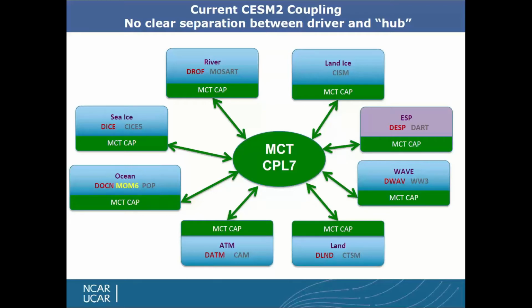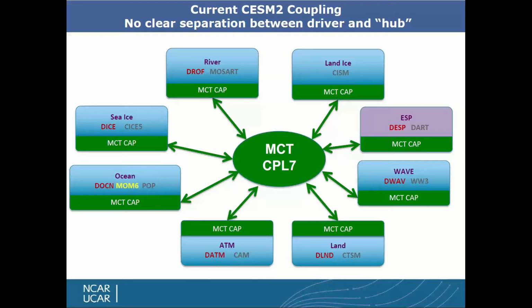So what they do is that they exchange all information with a central hub, and that hub is responsible for mapping source fields to the destination component or components with different mappings, and also merging a collection of source fields to the target destination component, where the merging can be done in different ways.